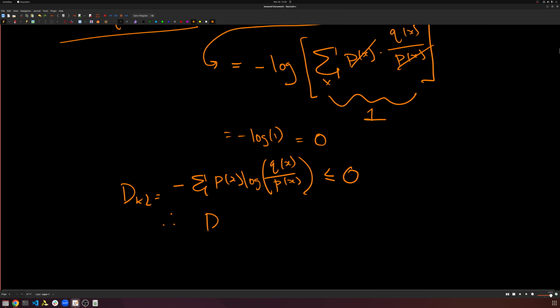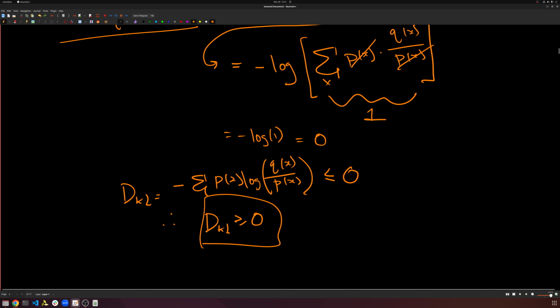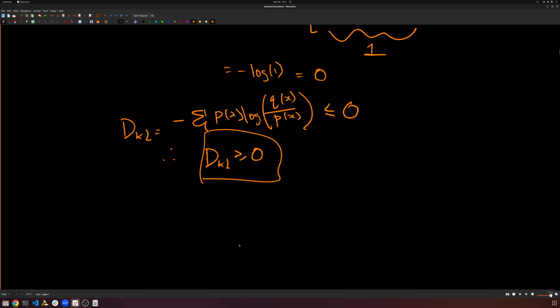Therefore, DKL, our divergence, must be greater than or equal to 0, right? Because it's a negative sign. So we have now shown that our KL divergence must be greater than or equal to 0, and we only did this because it'll be necessary for the derivation that we're going to do.